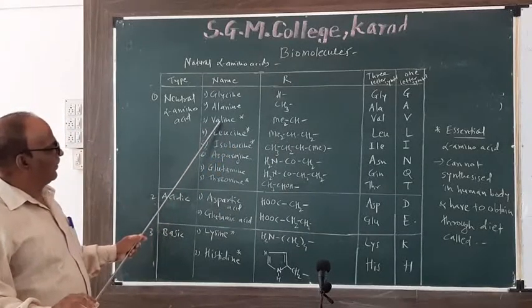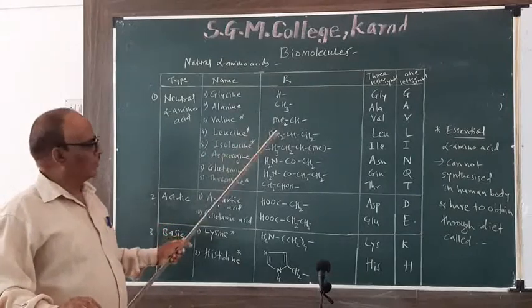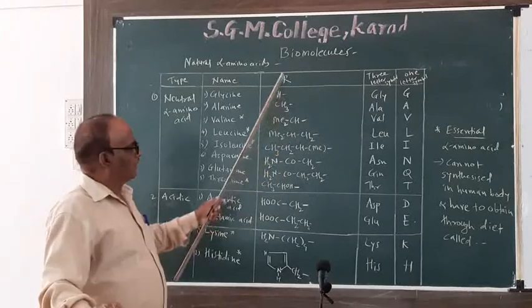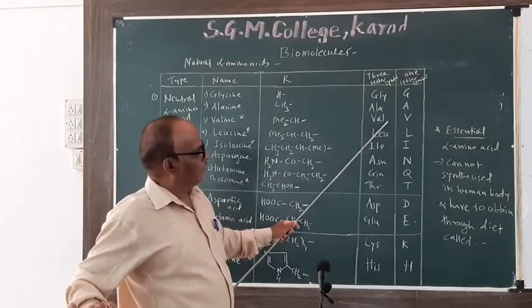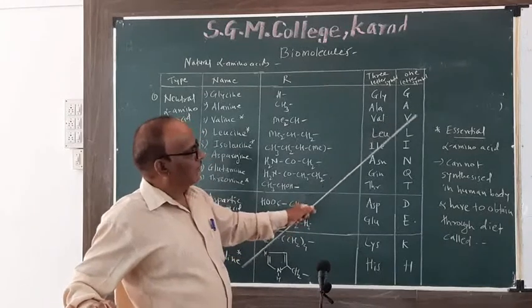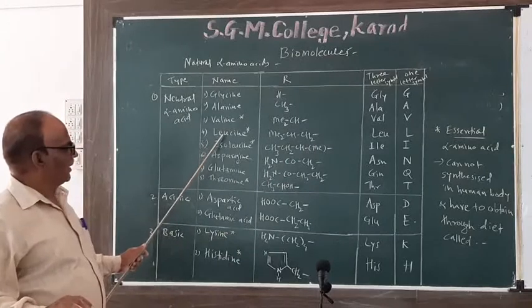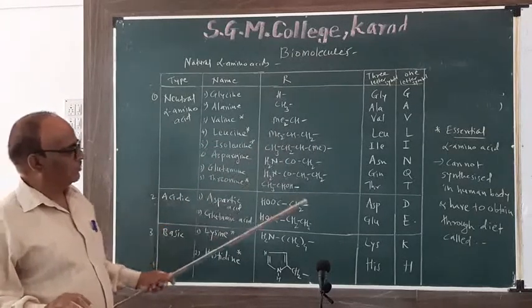Then third is valine. Valine has Me2CH as R, meaning two methyl groups attached, that is R. The three letter symbol is VAL, and the one letter symbol is V. Then the next example is leucine. Leucine R is Me2CHCH2.